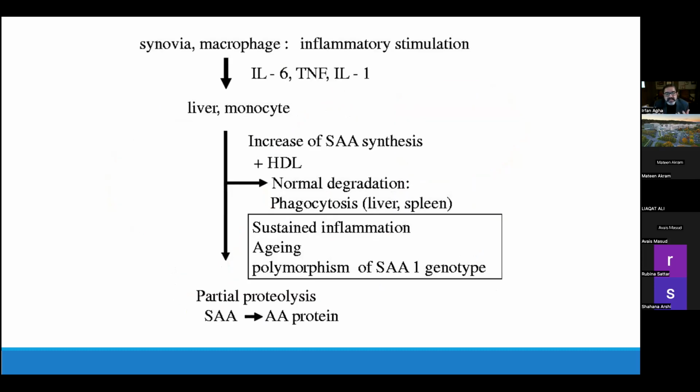But once there's persistently high levels of interleukin 6, persistently high levels of TNF, interleukin 1, then there is an increased SAA synthesis, and eventually, especially with certain genotypes of SAA1 gene, you may actually have partial proteolysis and incomplete removal of this protein. And with the partial proteolysis, you can have misfolding and generation of AA protein.